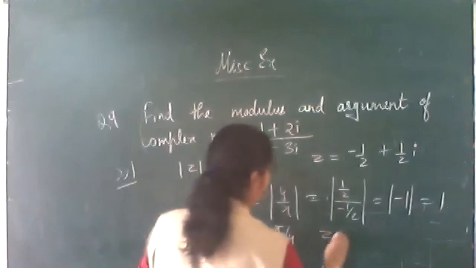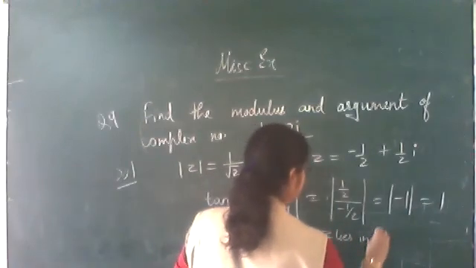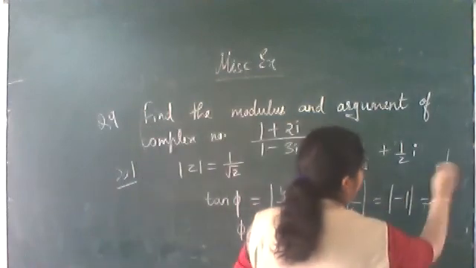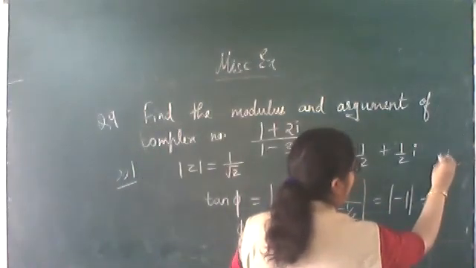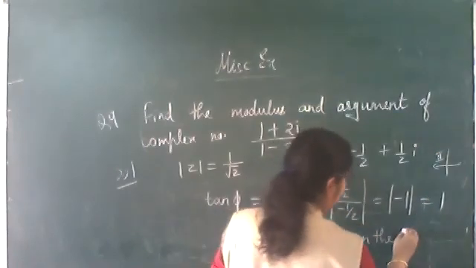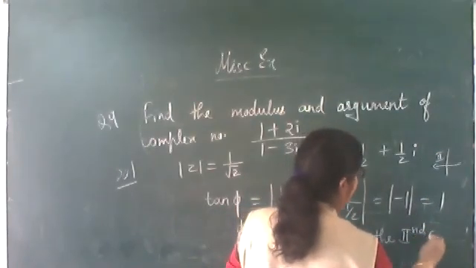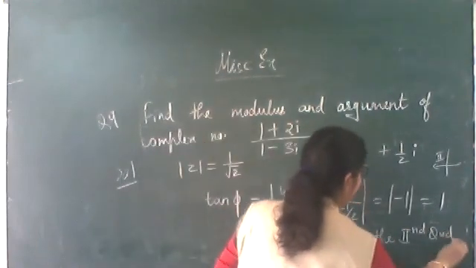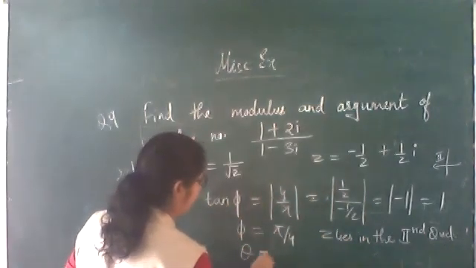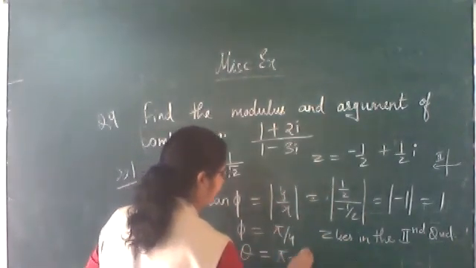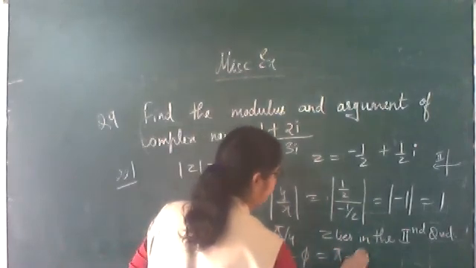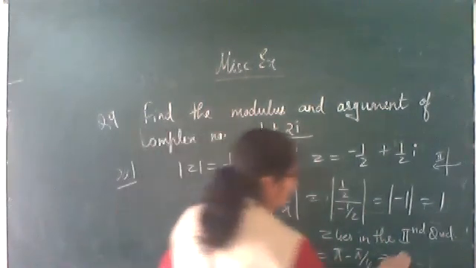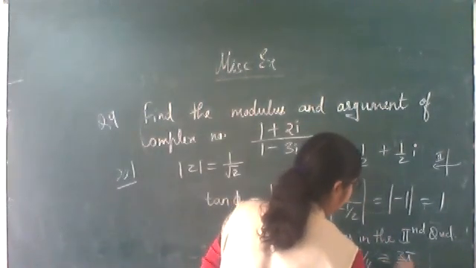Now in which quadrant does z lie? Just see. X negative, y positive, so z lies in the second quadrant. So in the second quadrant, theta is equal to pi minus phi, which is equal to pi minus pi by 4, that is equal to 4 pi minus pi over 4, 3 pi by 4.